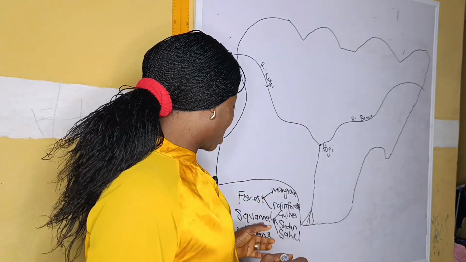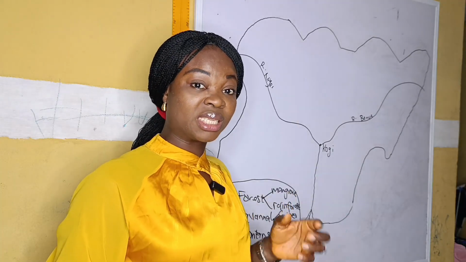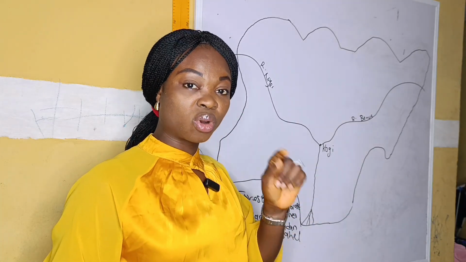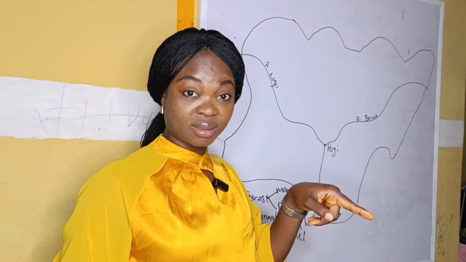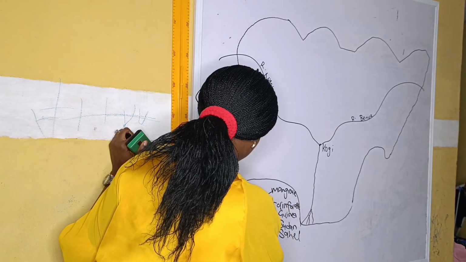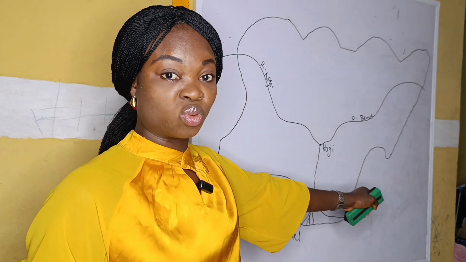Okay, now let's start with mangrove forests. What are those things that you will see, and you will know that, oh, this is a mangrove forest? I'll put the key there so it won't be confusing.